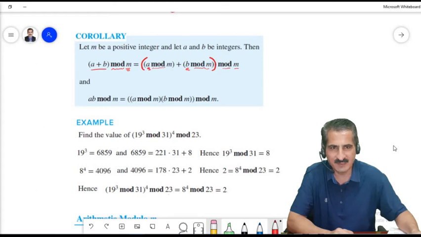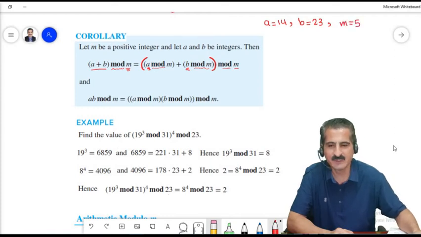An example will make this very clear. Let us assume a is 14, b is 23, m is 5.